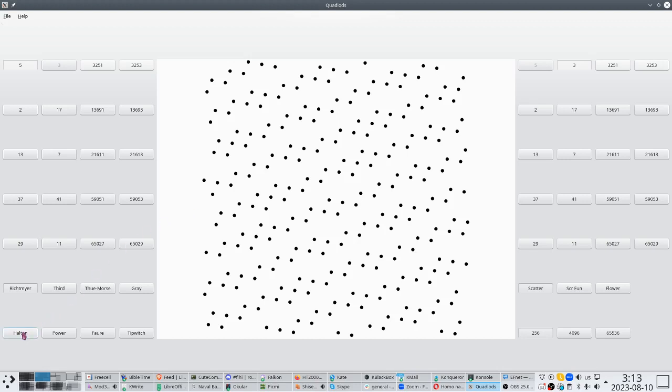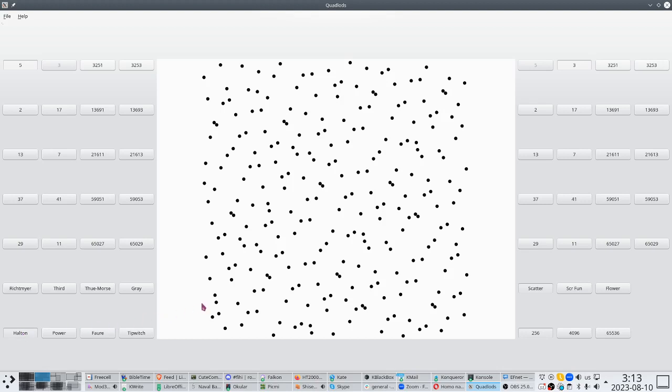Halton sequences are made by expressing an integer in the prime base and then reversing its digits.